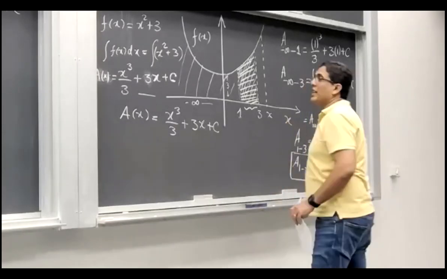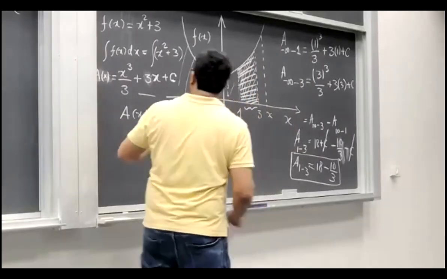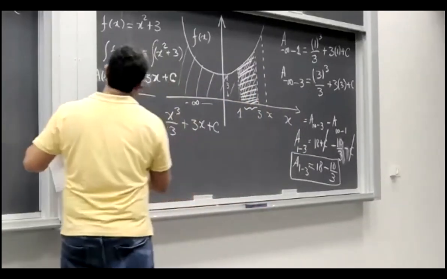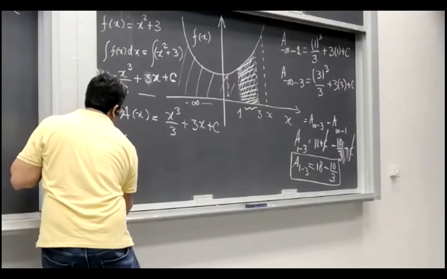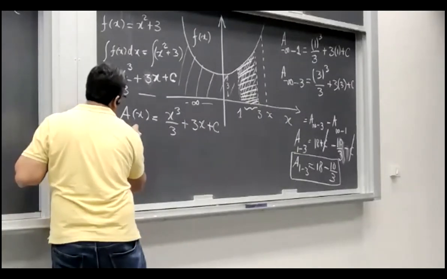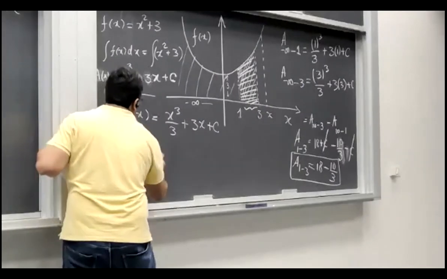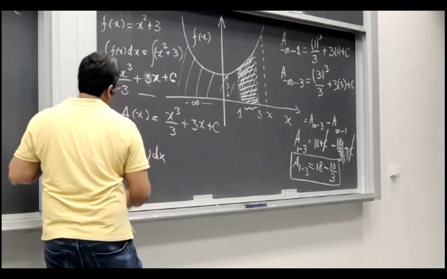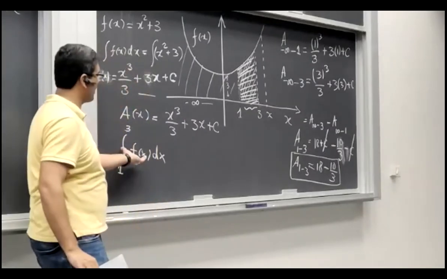So this is important. Whenever you are dealing with a definite integral, this integral goes from 1 to 3 of f of x dx. Whenever you integrate such an integral, you don't really need to worry about the constant of integration.